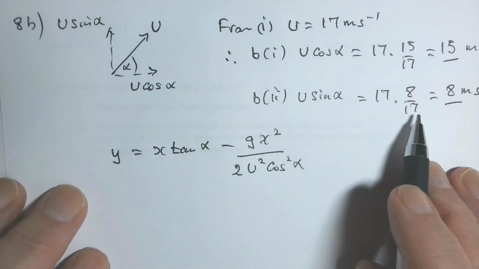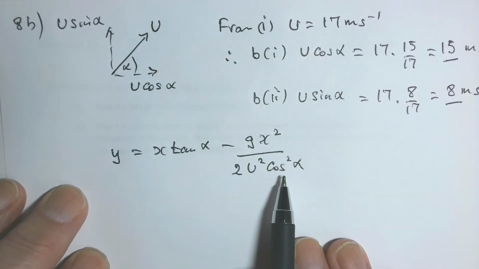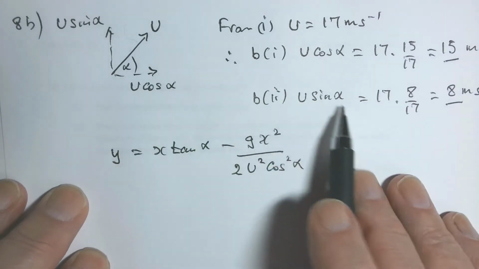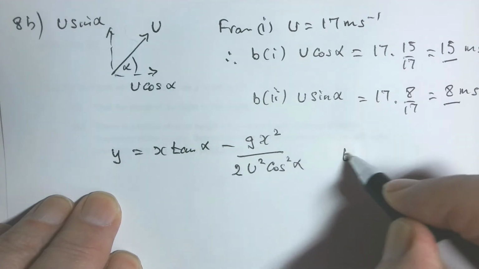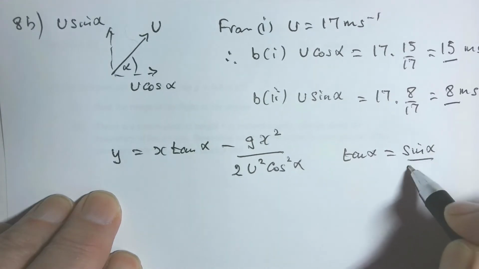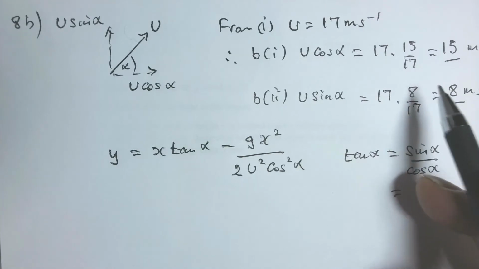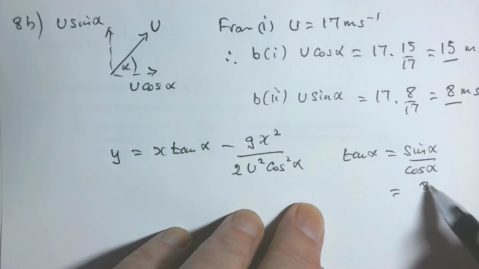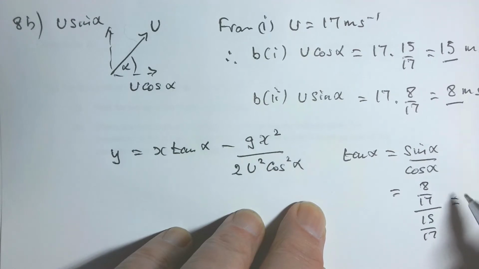So for the equation for the trajectory, as we know what sine alpha and cos alpha are, we know tan alpha equals sine alpha over cos alpha, which is 8 over 17 divided by 15 over 17, which is 8 over 15.